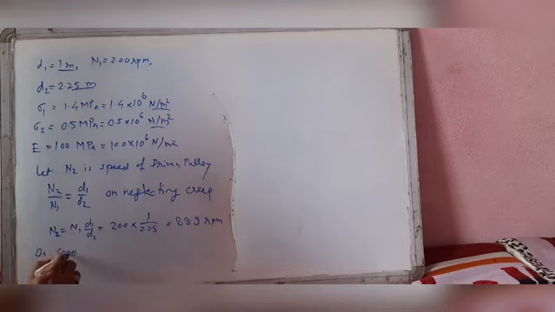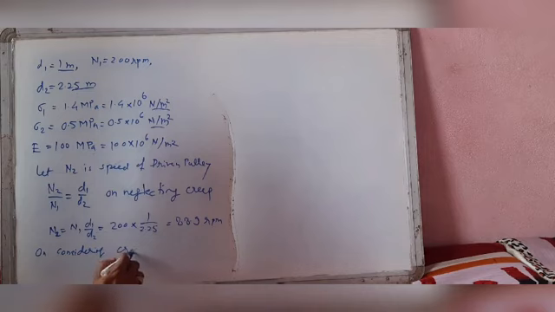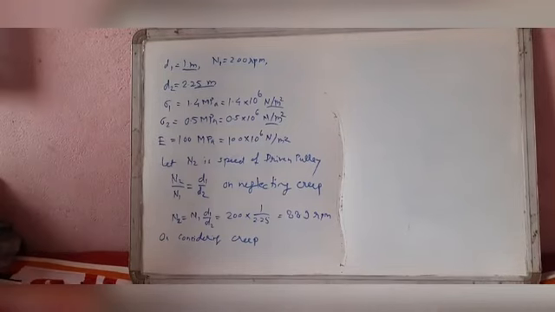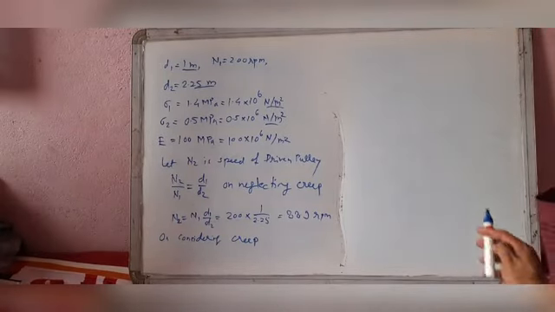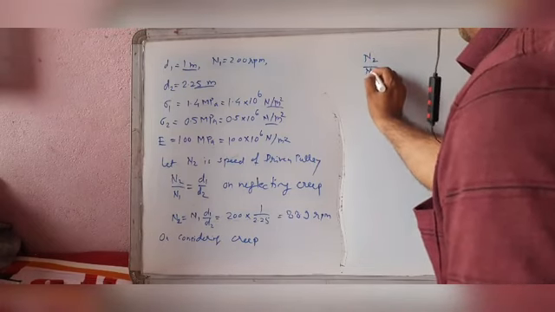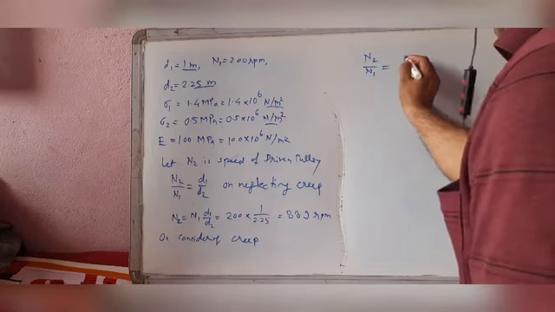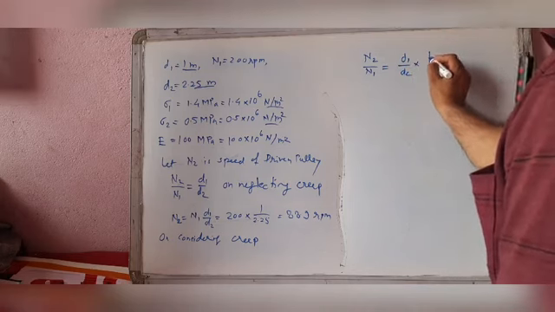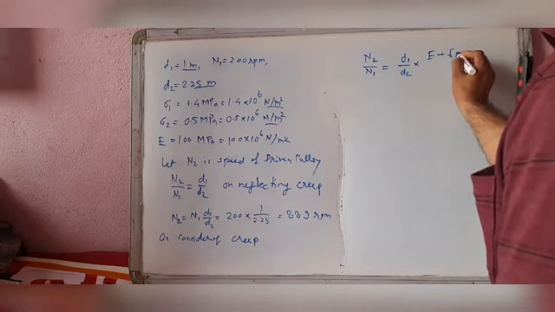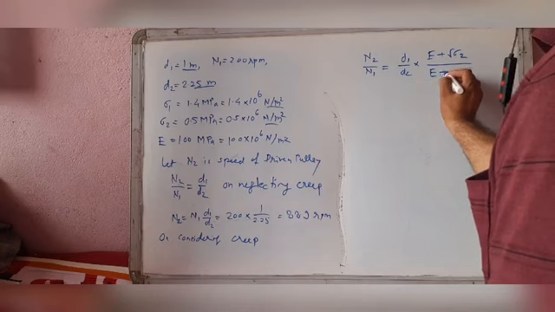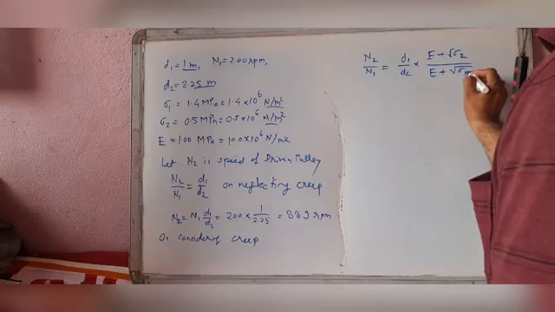Considering creep, the equation is N2 by N1 equal to D1 by D2 into E plus root sigma 2 by E plus root sigma 1.